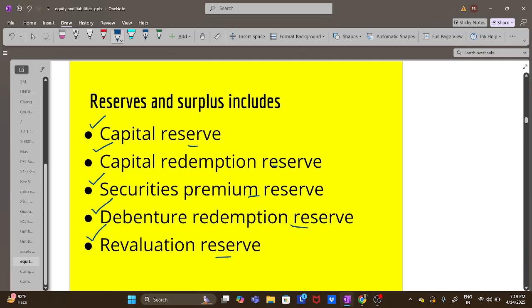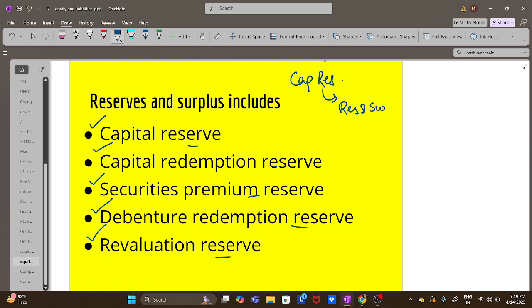There are others also. So they will give you a question like this. Capital reserve comes where? You will say capital reserve comes under reserves and surplus. Reserves and surplus comes under shareholders fund. Okay, which comes under equity and liability.